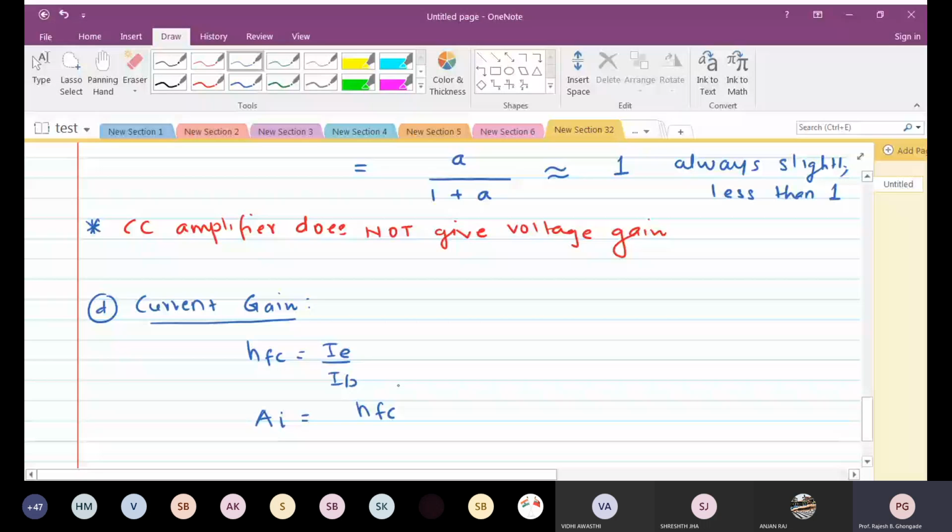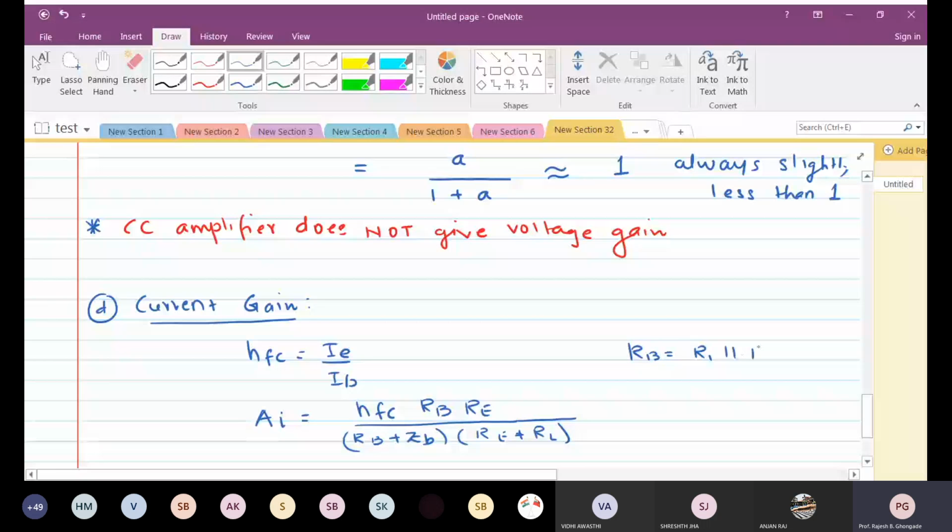This happens to be RB RE divided by RB plus ZB, RE plus RL, where RB is R1 parallel R2.